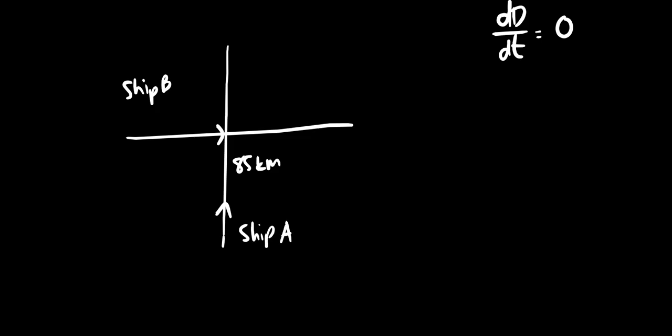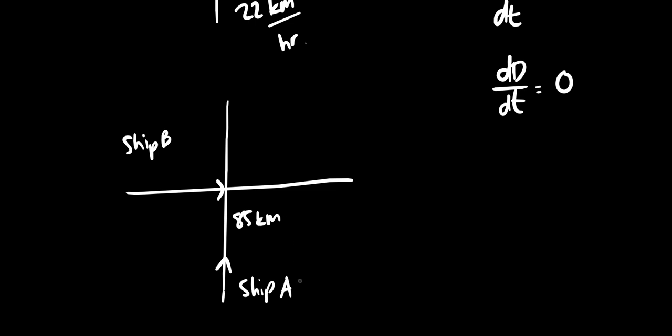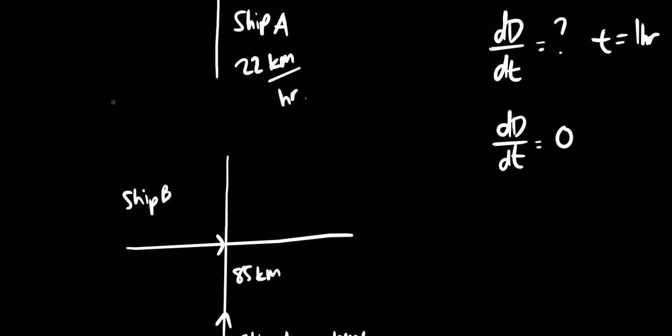Ship A is 22 kilometers per hour, and ship B is 16 kilometers per hour.